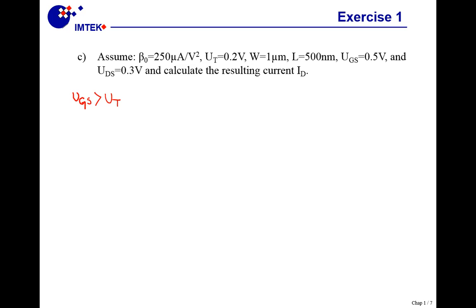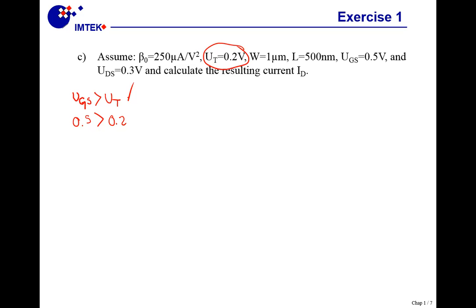In this case, our VGS is 0.5 volts and our threshold voltage is 0.2 volts. So this condition is met, and our transistor is on.